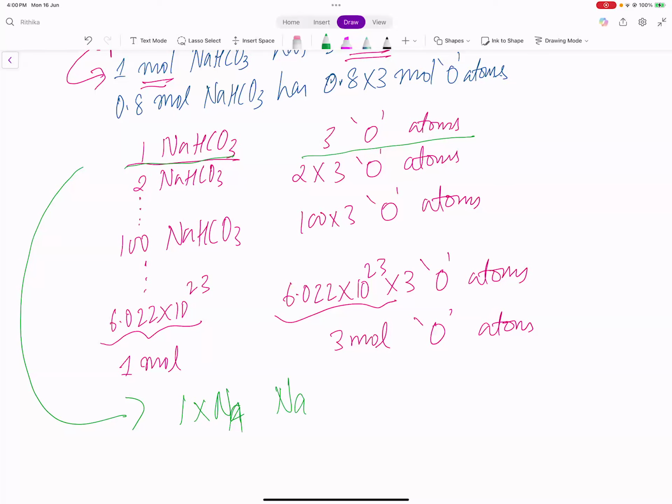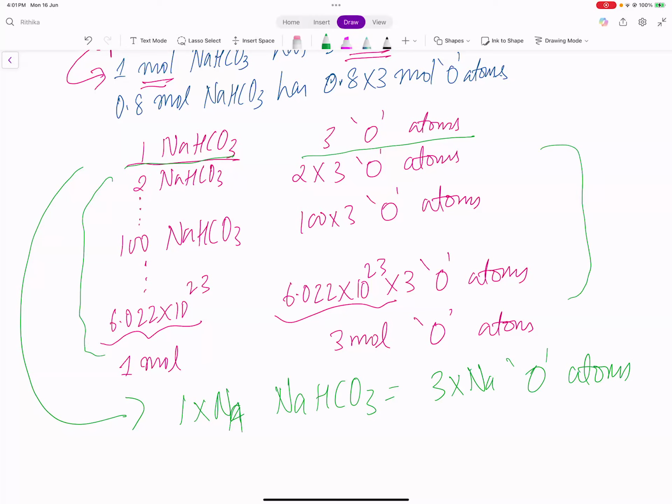So this much NaHCO3 will have 3 into Na O atoms. Multiplying both sides by Na. You can also see it like this. You got it?